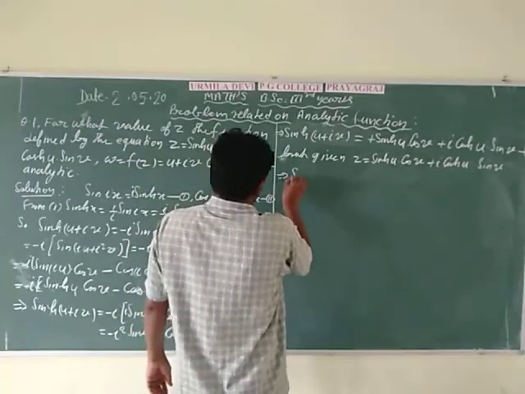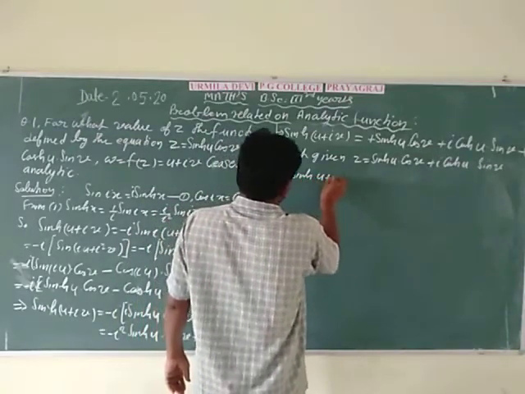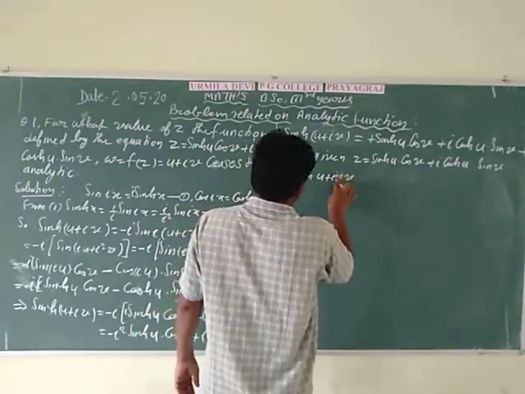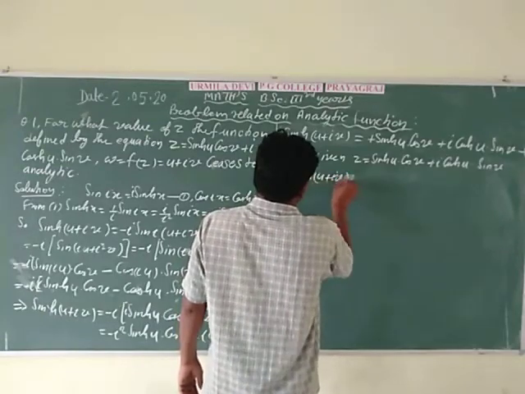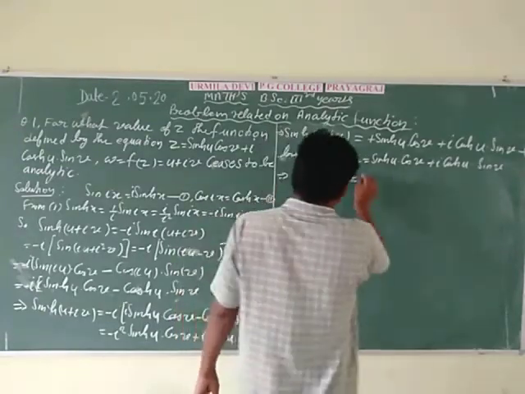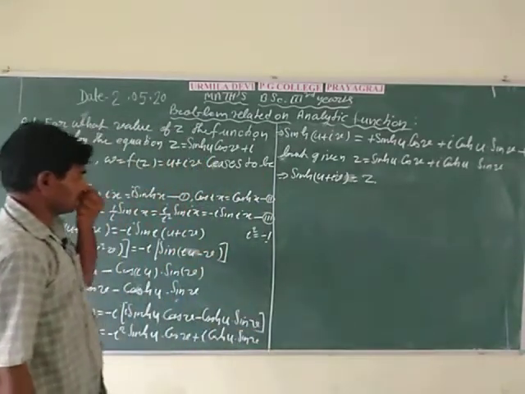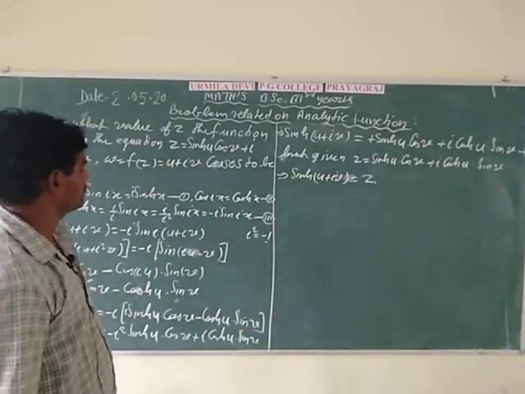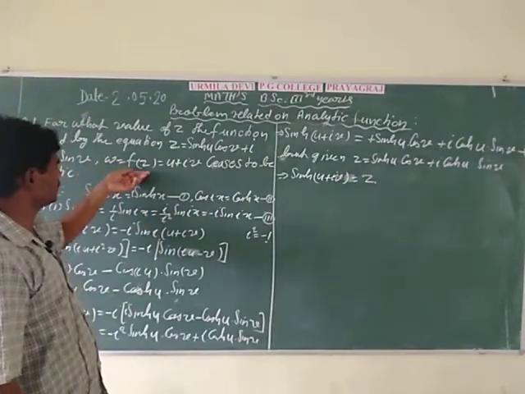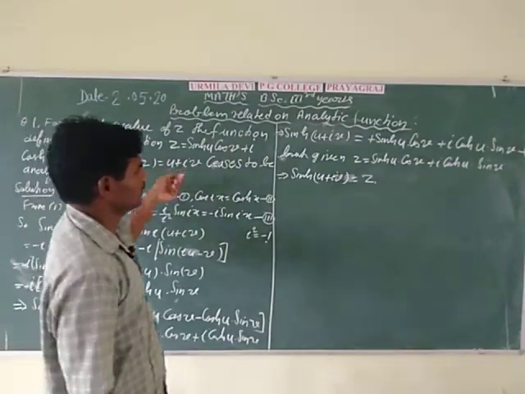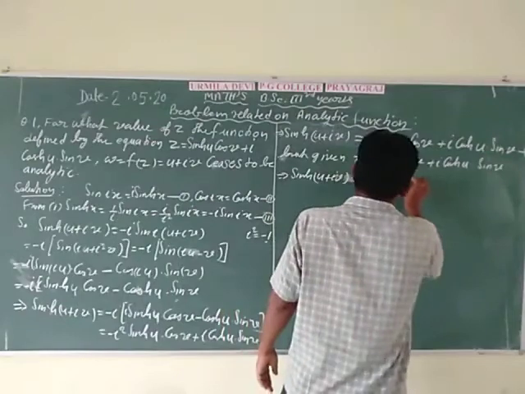So sin hyperbolic u plus iv is equal to z, but u plus iv is represented by w. In the question given, w is equal to f of z is equal to u plus iv, so this is equation 5th.